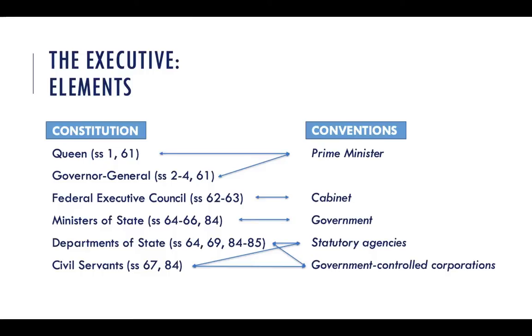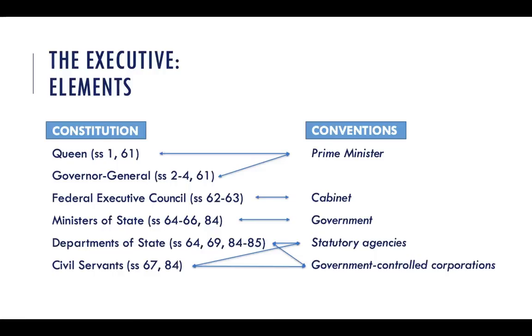Sections 62 and 63 talk about it, and they administer some other departments that exist within the machinery of the executive. These elements, all of them, form what we call the government. So the government is the prime minister and its ministers, who are appointed by the Governor-General after they have the confidence of the lower house of parliament.